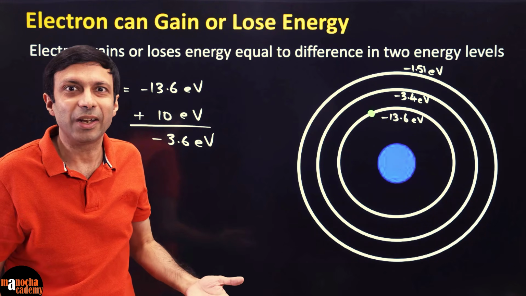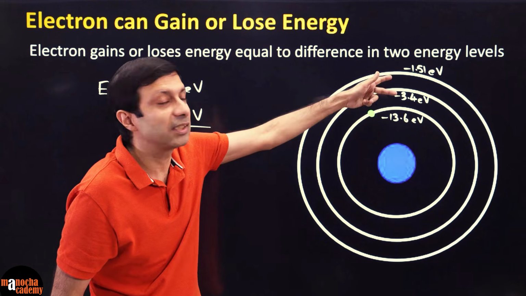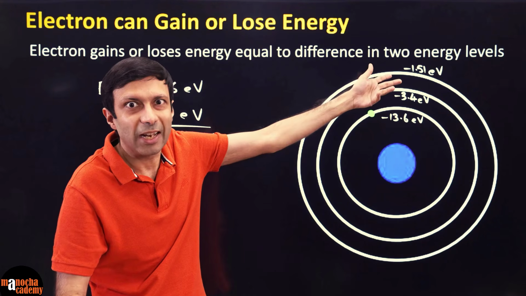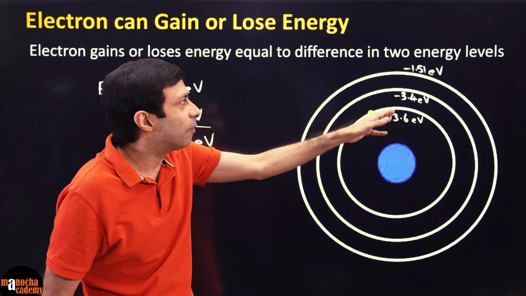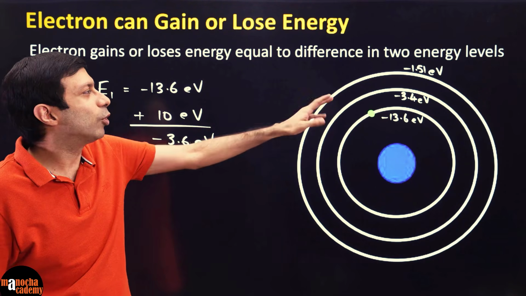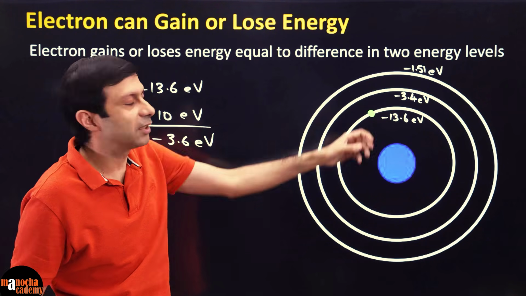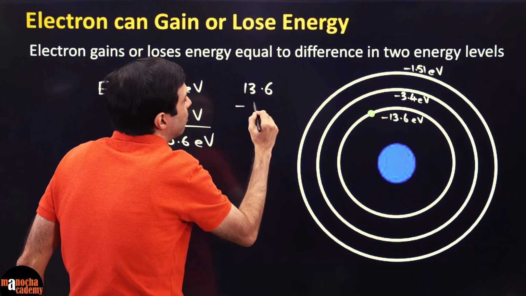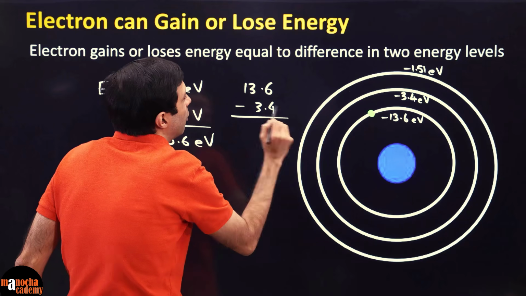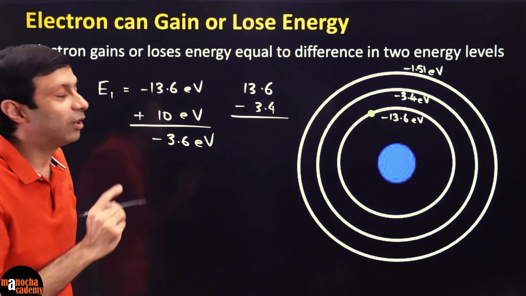You can easily calculate it by simply doing a subtraction here. So you can calculate it yourself. You just have to do minus 3.4 minus 13.6. Since both values are negative, you can just take the difference. So if you calculate it, 13.6 minus 3.4, how much energy does this guy need, the electron?